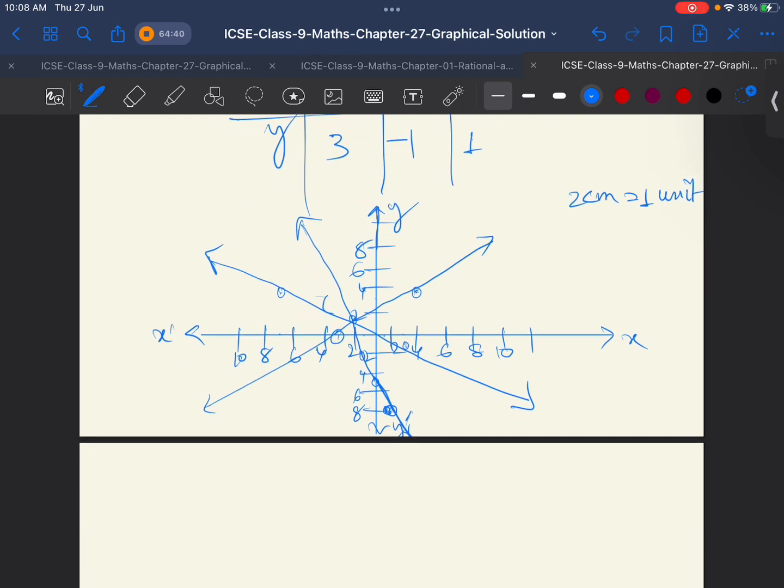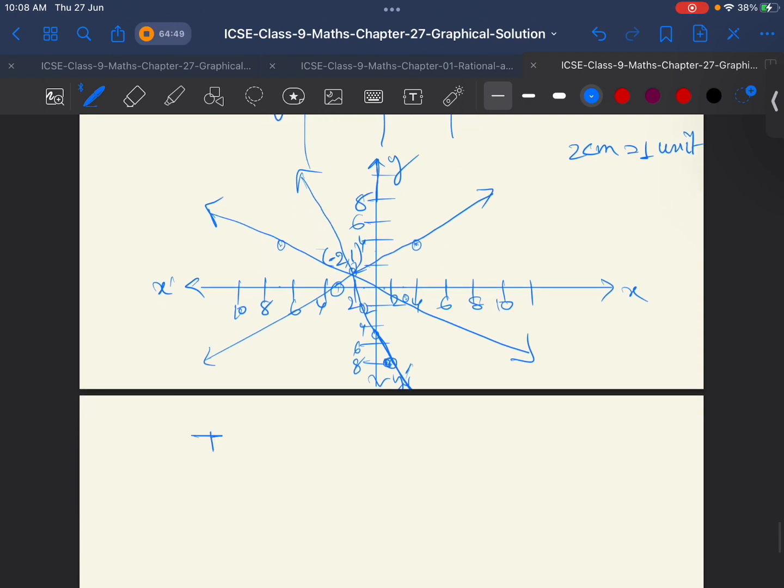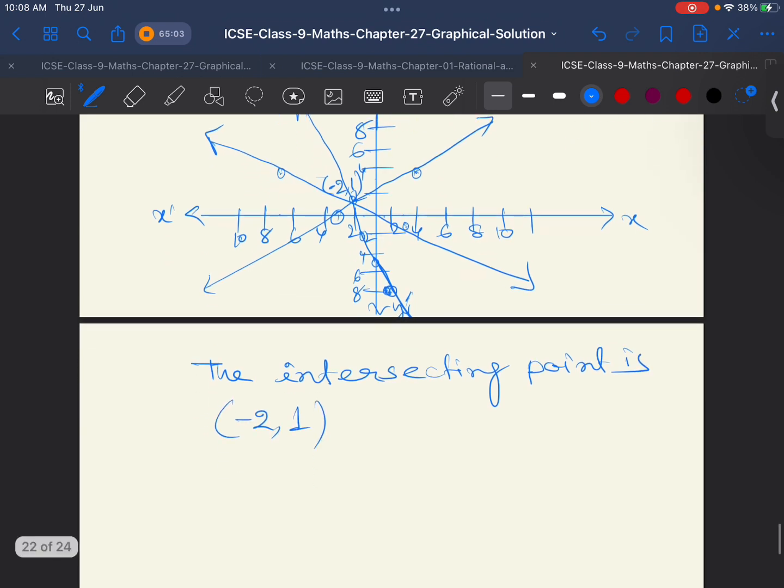Hence this point of intersection is minus 2 1. So the intersecting point is minus 2 1. So these lines, or these equations, are concurrent.